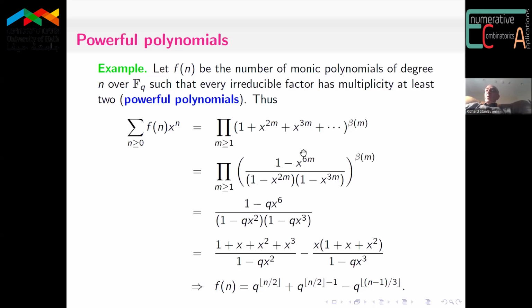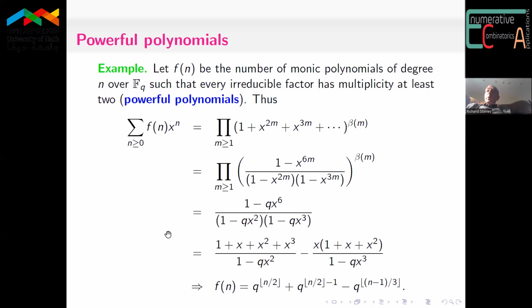We apply it to this factor, and this factor. And this just equals 1 minus q x to the 6th over 1 minus q x squared, 1 minus q x cubed. A very simple explicit formula for this generating function.